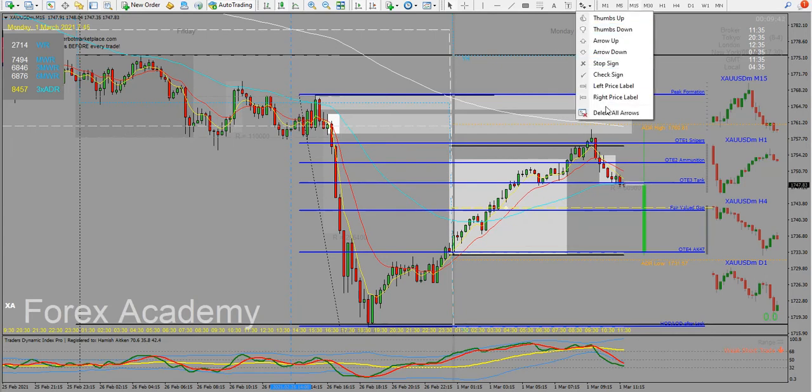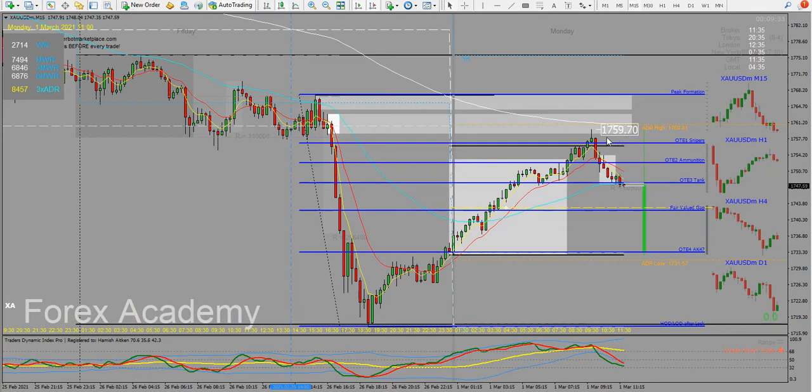Let's see, where is that trade? It was 17.59, and we'll also rectify where I gave people to take that trade. I'm still looking at that picture.